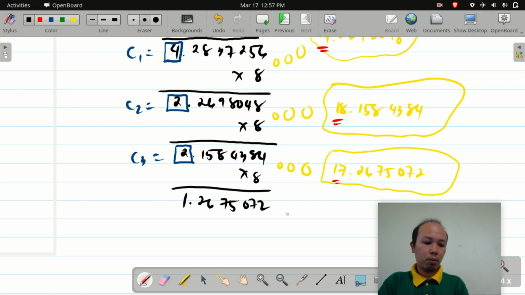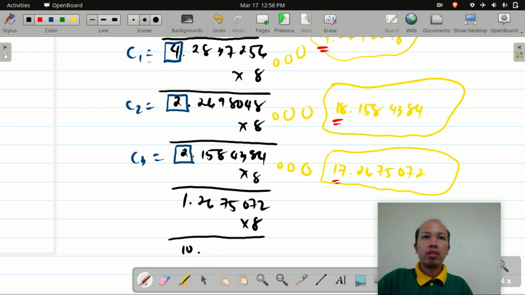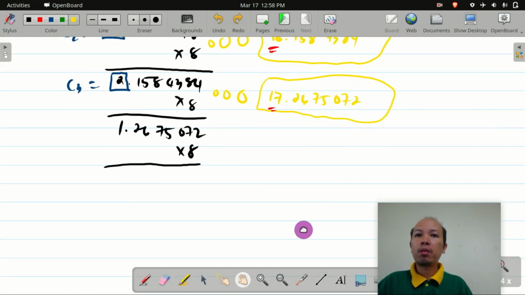So 1.2675072 times 8 again is 10. Or shall I say 10 is greater than 8. So let me put a bubble thought here.